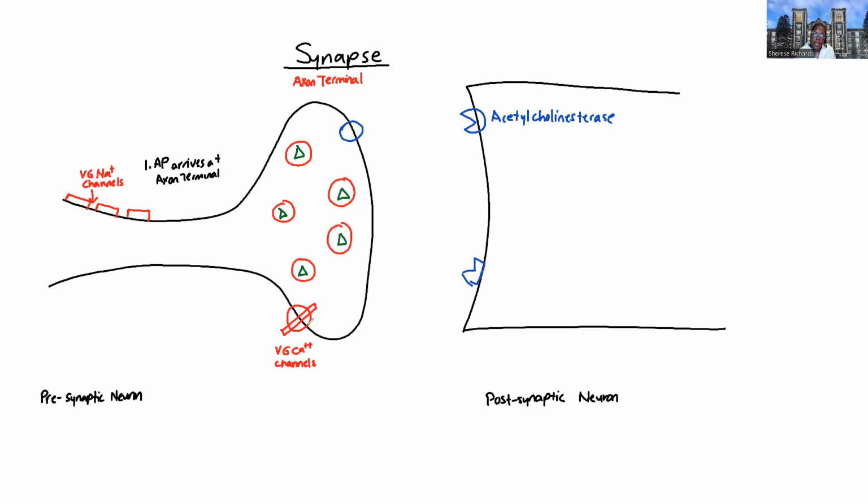When the action potential gets to the voltage-gated calcium channels, remember, these are voltage-gated as well. That's their mechanism. So when the depolarization of the membrane touches these calcium channels, they open up and rush calcium into the cell. So the second step is that calcium rushes into the axon terminal.